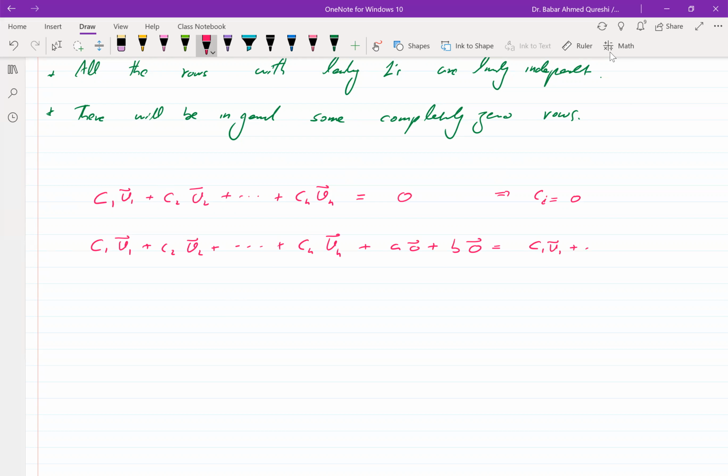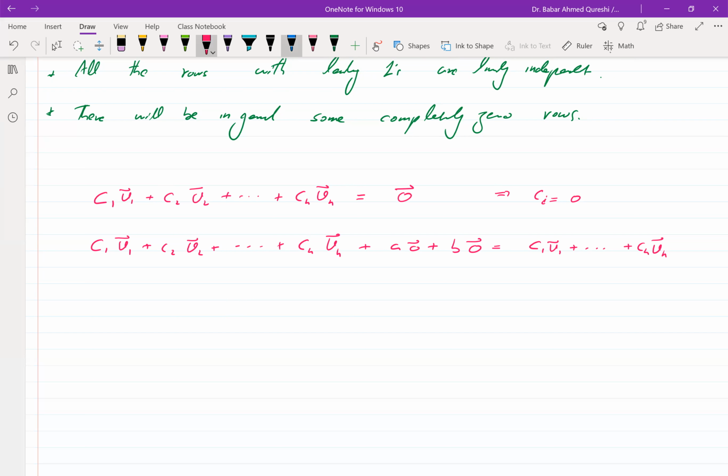This is still equal to the original vector I started with. So the span is not changed if I add zeros. And when I check the linear independence, these zeros do not matter. I never consider these zero vectors in checking the linear independence. So you just take them out.